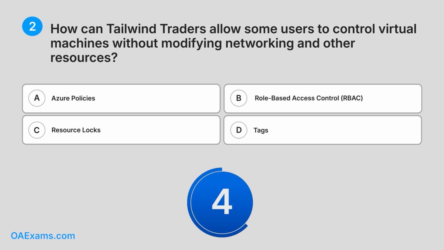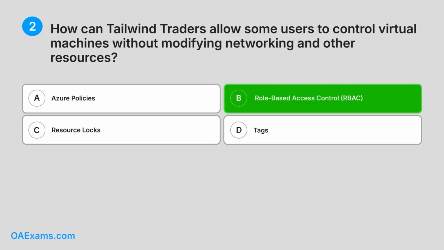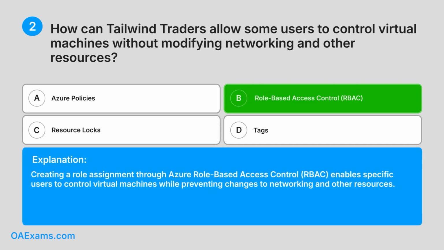Can you guess the answer? Correct answer. B. Explanation. Creating a role assignment through Azure Role-based access control, RBAC, enables specific users to control virtual machines while preventing changes to networking and other resources.